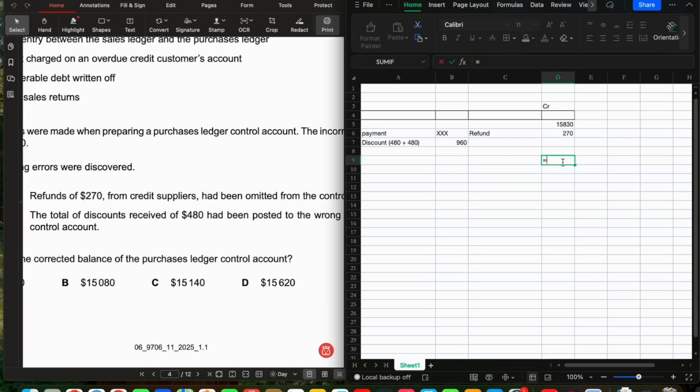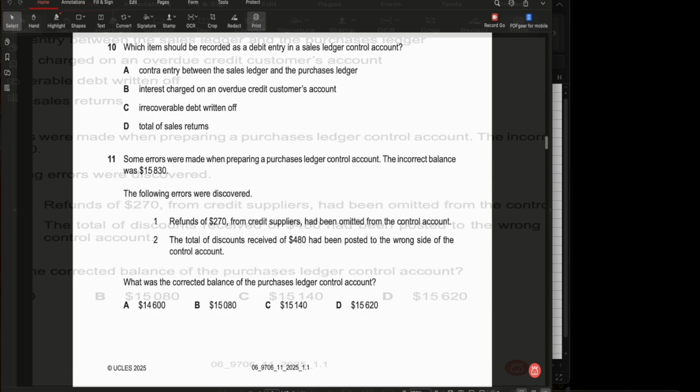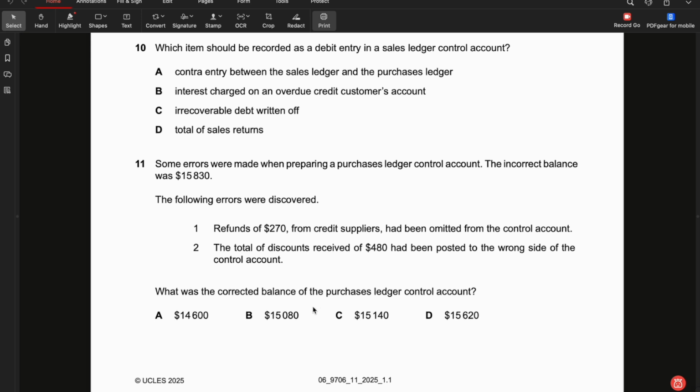On the debit side, total is this much, and the credit side total is 960. So let's find out the difference. The difference is this total minus this, and 15,140 is my correct balance. So option C is our correct answer for question number 11.